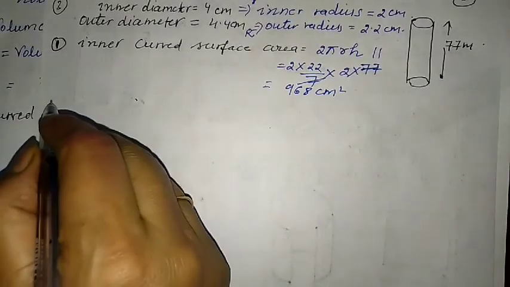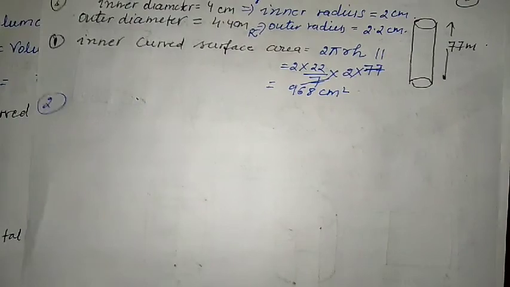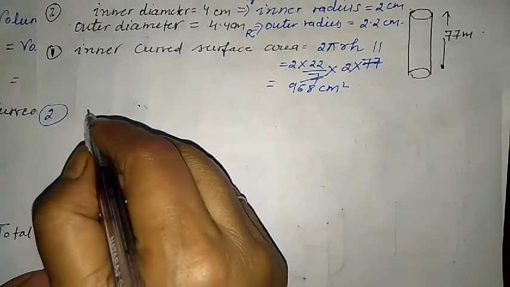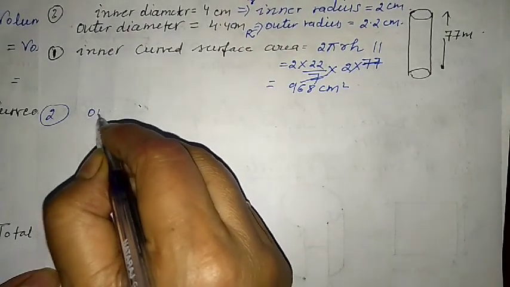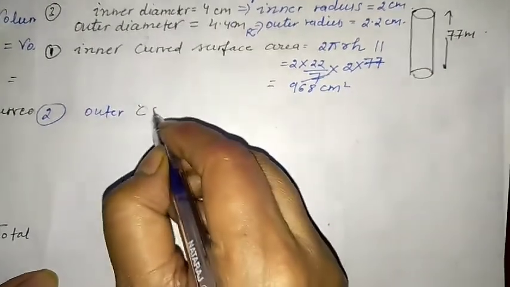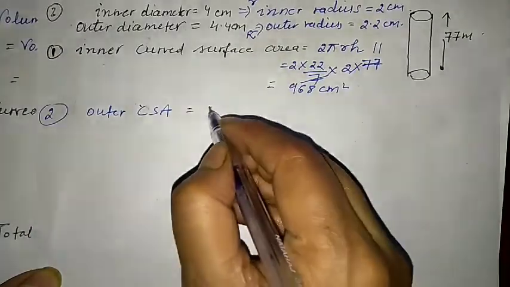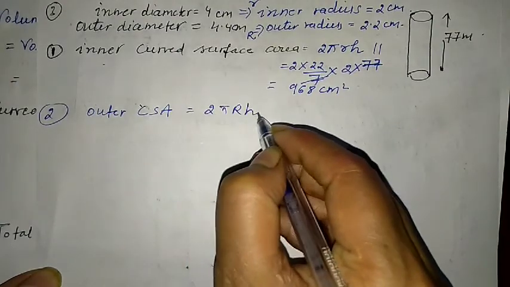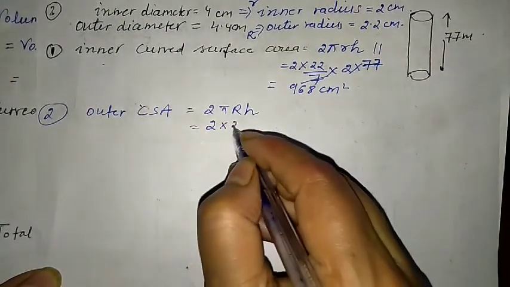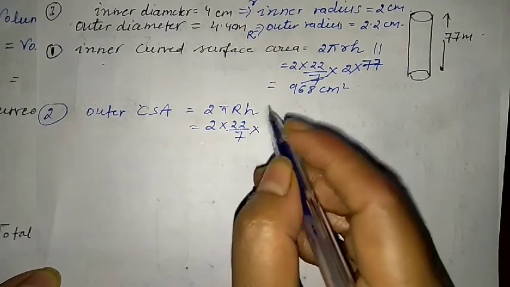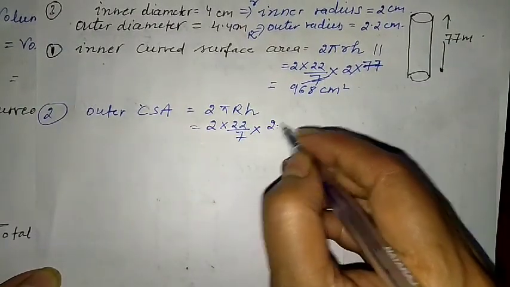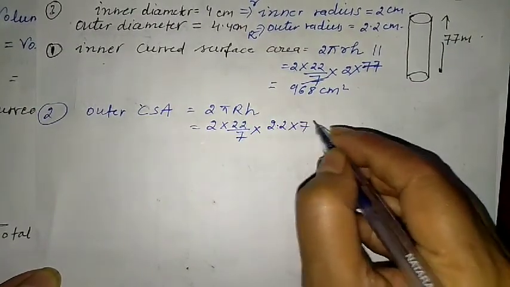Now the second part. In the second part we have to find the outer CSA. This is inner CSA, this is outer CSA, with the outer radius. 2 into 22 upon 7, R is given 2.2, multiply 77.